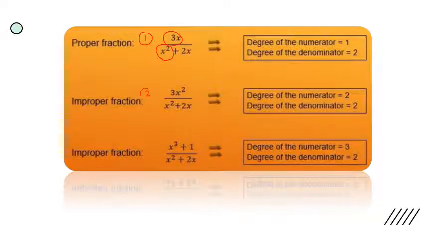For the second example, the degree of the numerator is 2 and the degree of the denominator is also 2. Therefore, the second example is an improper fraction. For the third one, the degree of the numerator is 3 and the degree of the denominator is 2, so it is an improper fraction since the degree of the numerator is greater than the degree of the denominator.